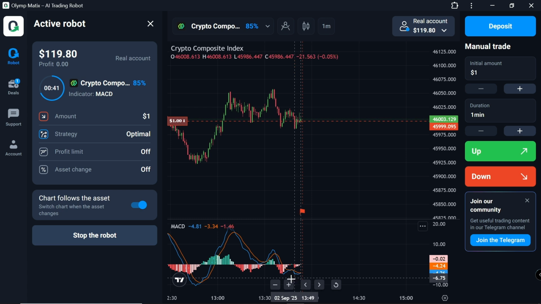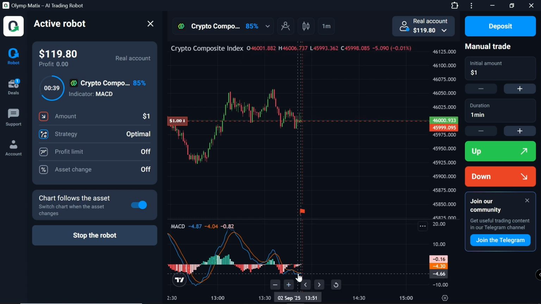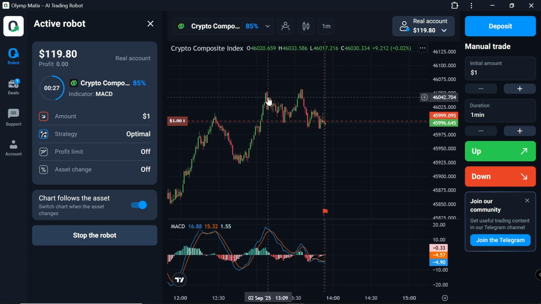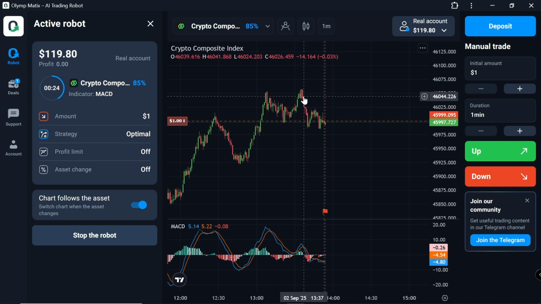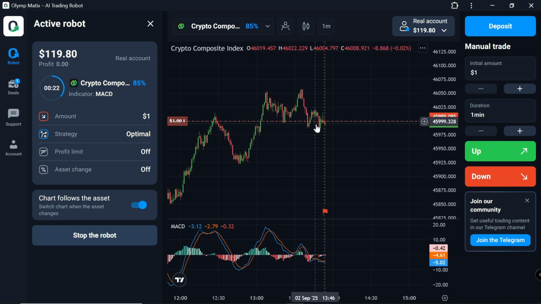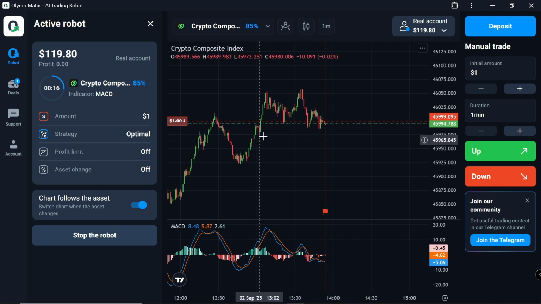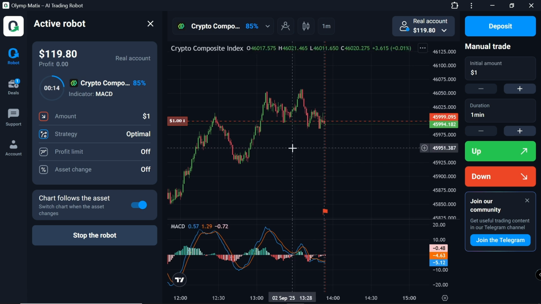Because the blue line was still trading below the orange line, so immediately the robot was just going to take a sell, and we were from a supply level right there. The market made a very good double top, and there's a high chance the market will still continue going down. So the robot does all of the analysis for you, and you just sit and relax with no stress.